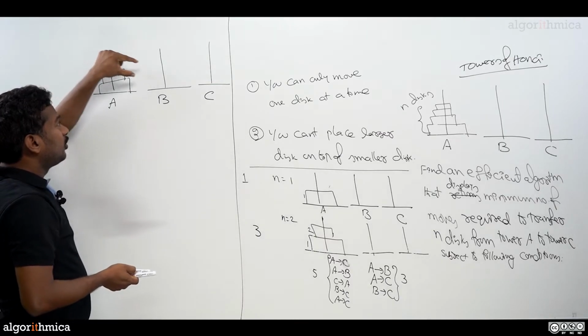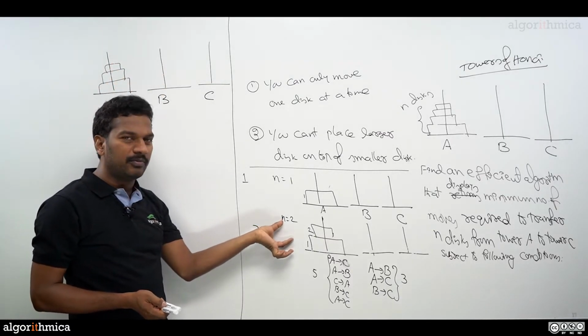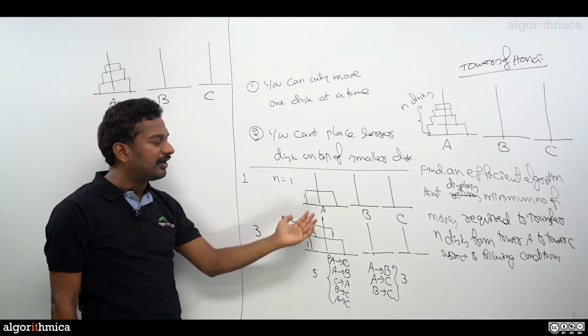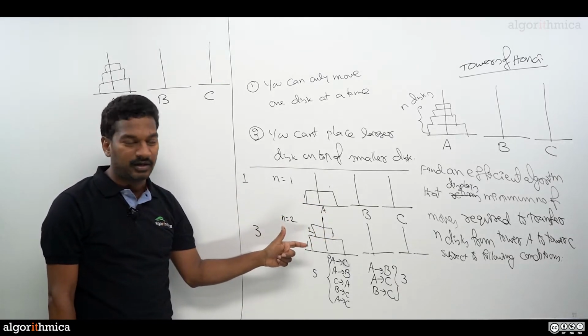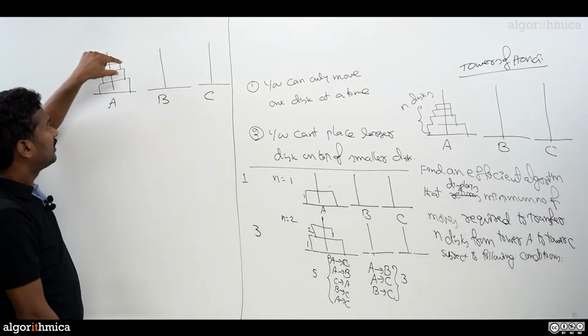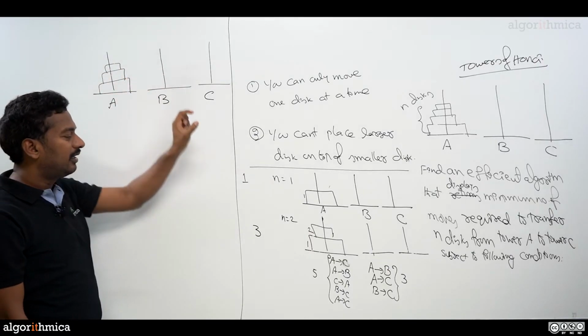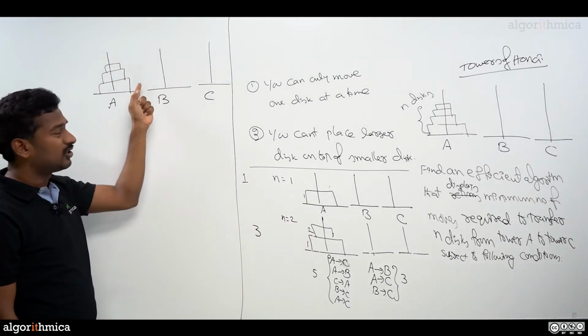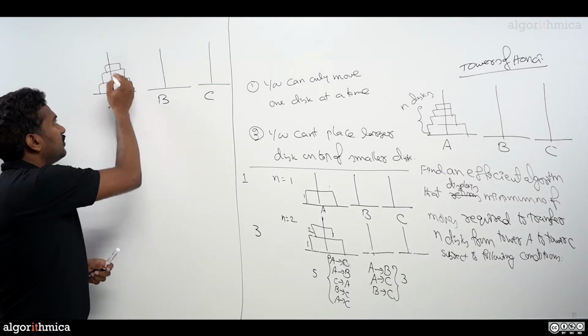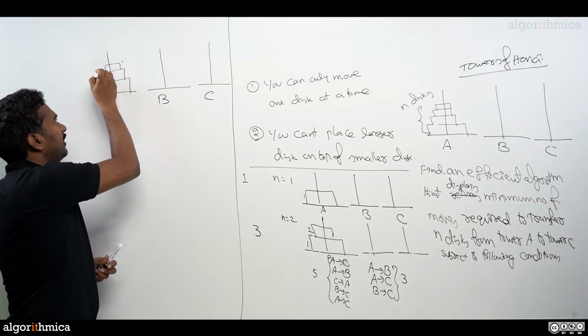But to take off the top 2 to B, we just solved that problem: with 2 disks, from any tower to any tower, the approach to get the minimum number of moves. So these top 2 disks you have to transfer from A to B. Let's take help of this idea. Let me call these 1, 2, 3.